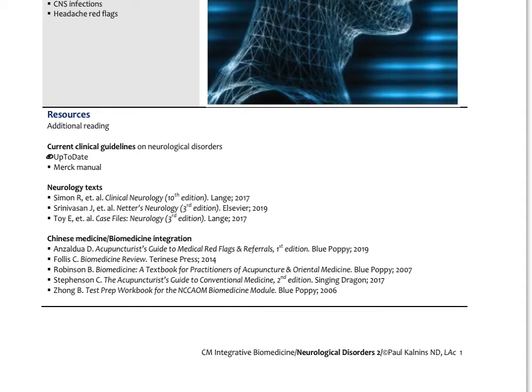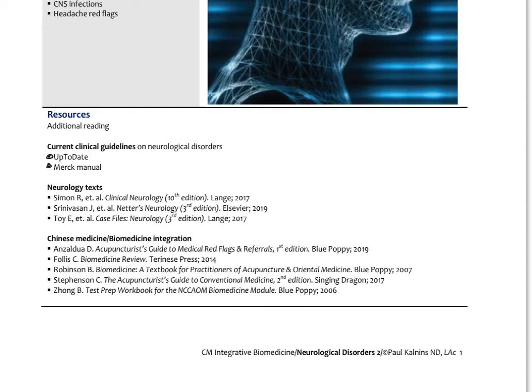Other databases like Merck Manual are not as specific, but definitely for more general ideas can be very helpful. And then having a neurology text is not crucial at this point, but if you wanted to gather some clinical neurology, 10th edition is one example of that. Netter's Neurology, these are helpful to have on hand as well. But a lot of this information now is online and easily accessible.